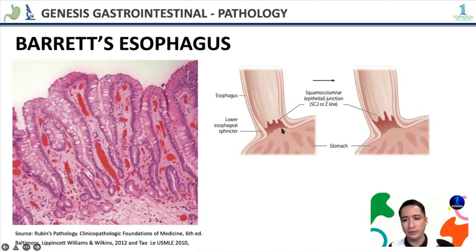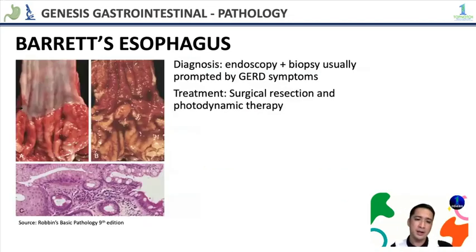Another picture lifted from Robbins pathology. You see here this is the normal esophagus, and this is the paler Barrett's esophagus. You will note in this histologic section, from left to right of the image, that the squamous epithelium is replaced by intestinal metaplasia, with the presence of goblet cells.